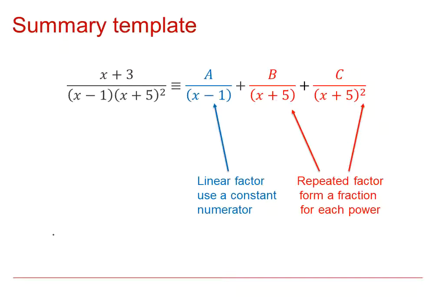So a quick summary there. If there's a linear factor in the denominator, that can go with just a constant in the numerator. But if there's a repeated factor like this one, you need a separate factor for each of the two possible powers. So we've got x plus 5 to the 1 and x plus 5 squared, as separate partial fractions.